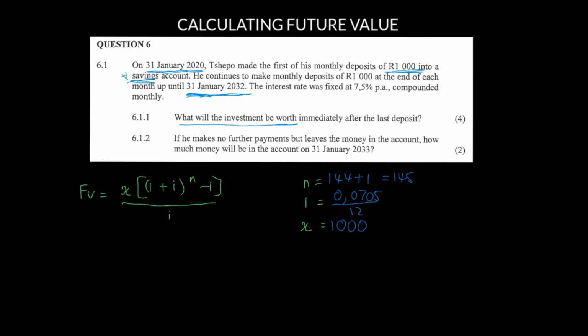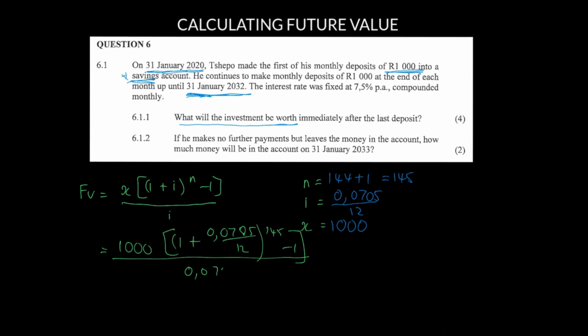Okay, so let's go ahead and sub in. So calculating future value. He pays 1,000 Rand a month, 1 plus the interest rate, 0.075 over 12. There are 145 payments, so N is 145, minus 1, all over 0.075 all over 12.